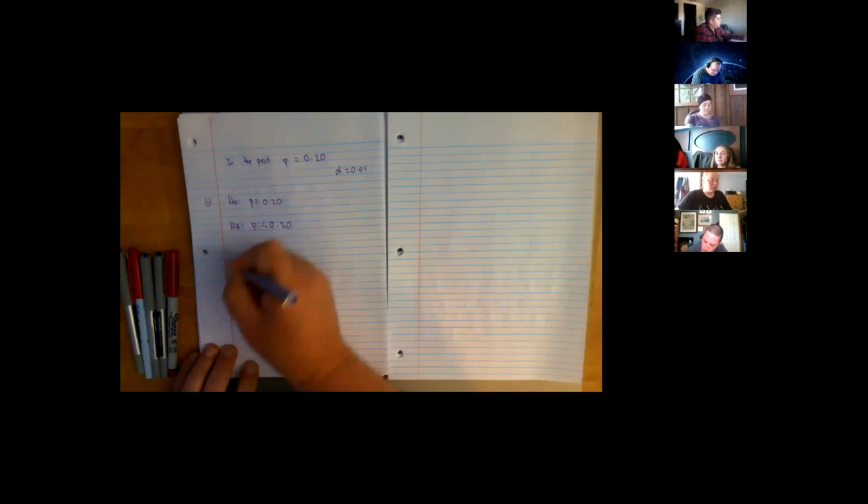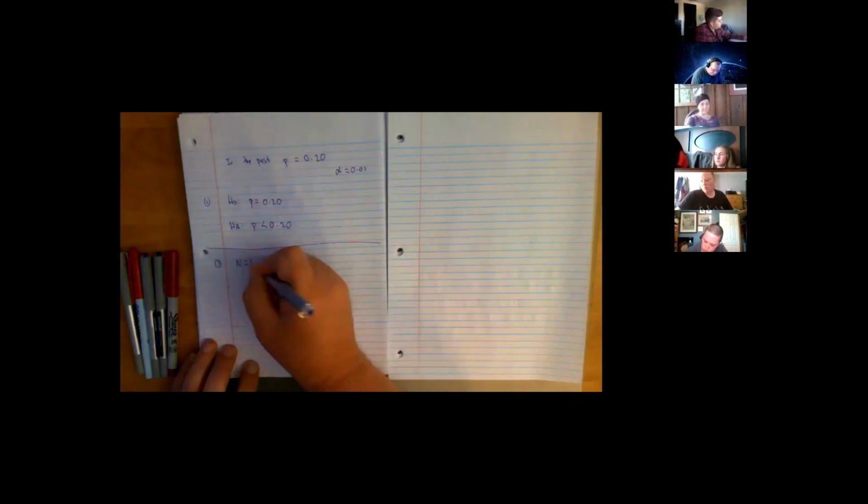And so my H0 is going to be that it's still what it was. It's 20%. And my alternate is that I believe it is much less. So that's step one.